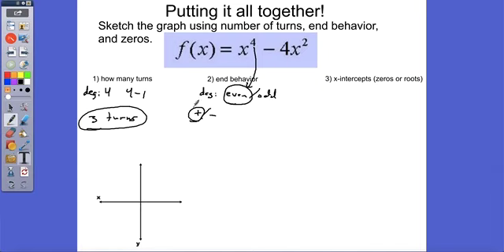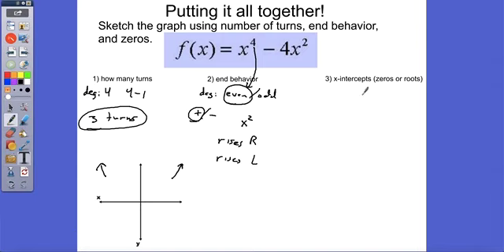So even and positive means it's going to match the end behavior of x squared. If you remember what x squared is, that means it's going to rise both ways: rise as we go to the right and rise as we go to the left. So when we start putting this on the graph, we know it's going to go up on the right and up as we go to the left.